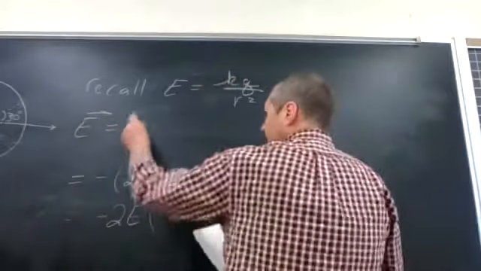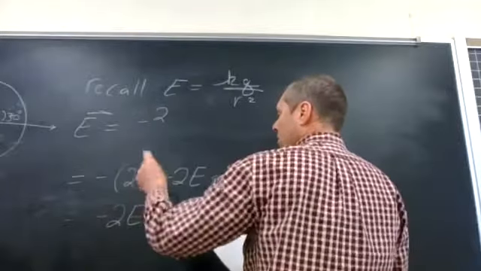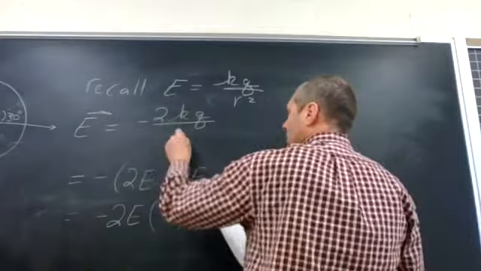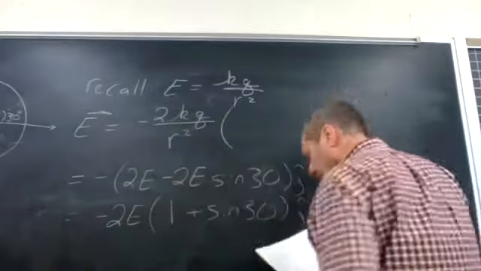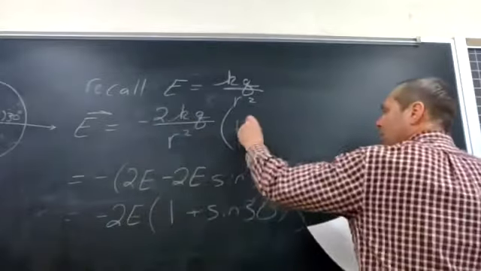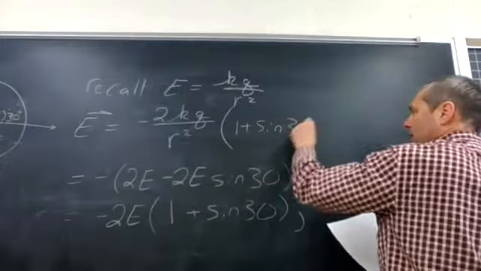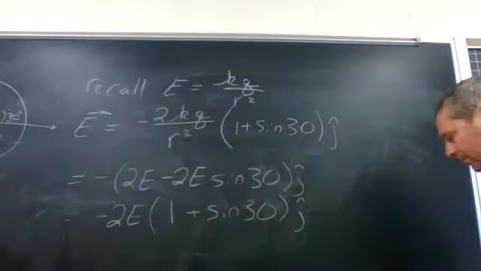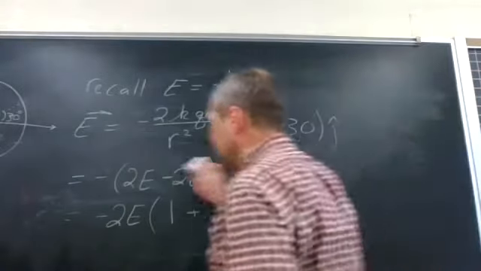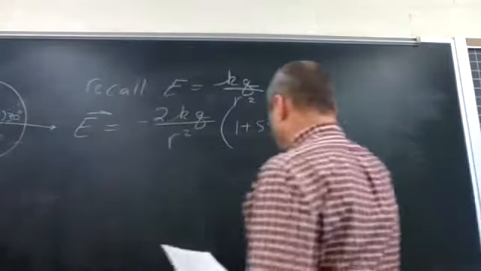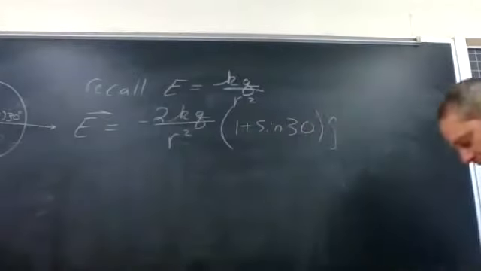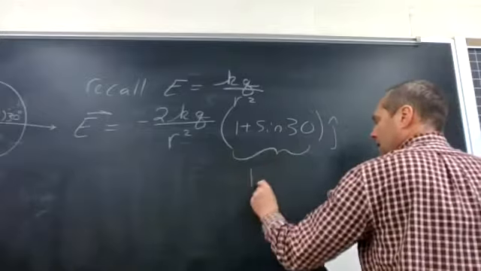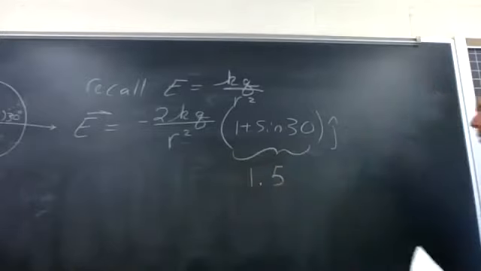And now we have a minus 2KQ upon R squared times 1 plus sine of 30 degrees J. This quantity is equal to 1.5.